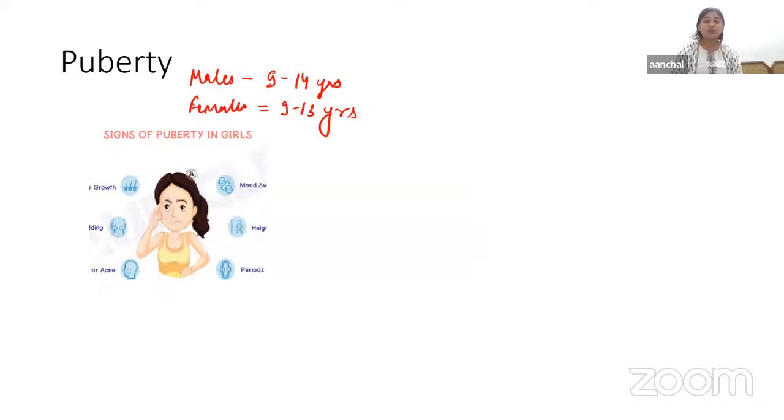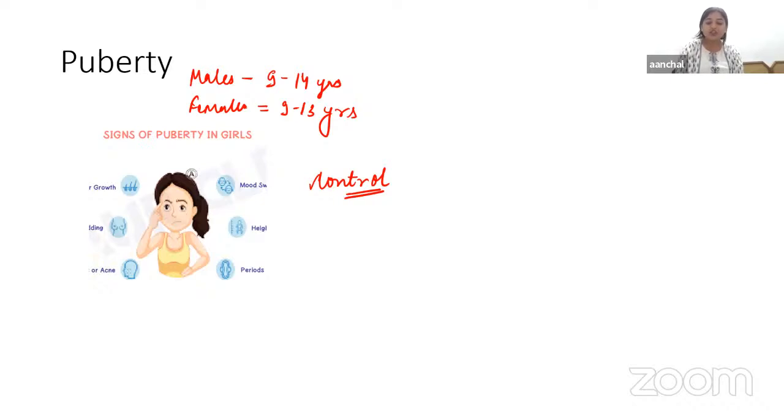Okay, now if you talk about the control of the onset of puberty, so what is the control? Before puberty, the hypothalamus is more sensitive to the inhibitory effect of gonadal steroids and keeps the release of hypothalamic gonadotropin releasing hormone under check. Now, what happens at the time of puberty?